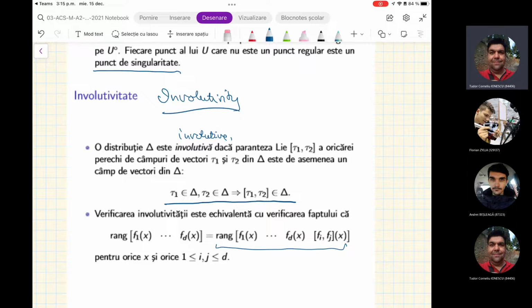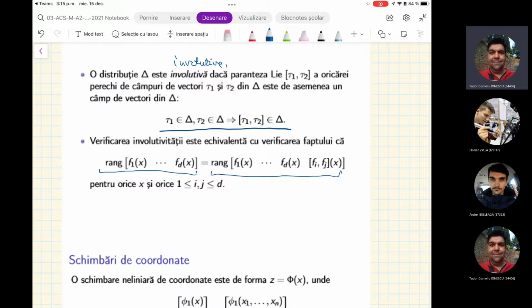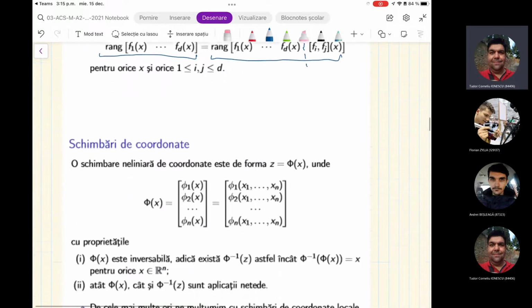If the rank of the distribution is the rank of the whole of this, then indeed this distribution is involutive. But you have to check this between all the Lie brackets between fi and fj.